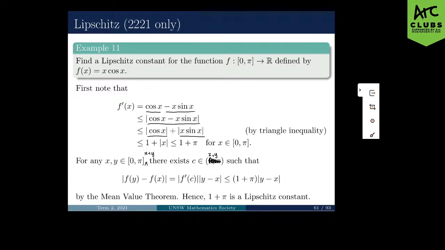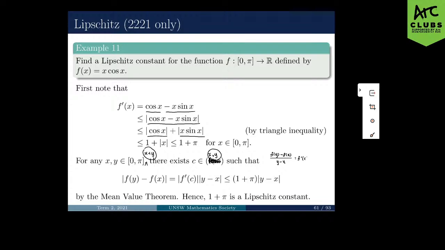So for any x, y in the closed interval 0 to pi, assuming without loss of generality that x is less than y, there exists a c in this interval such that the mean value theorem would state something like f of y minus f of x over y minus x is equal to f dash of c.